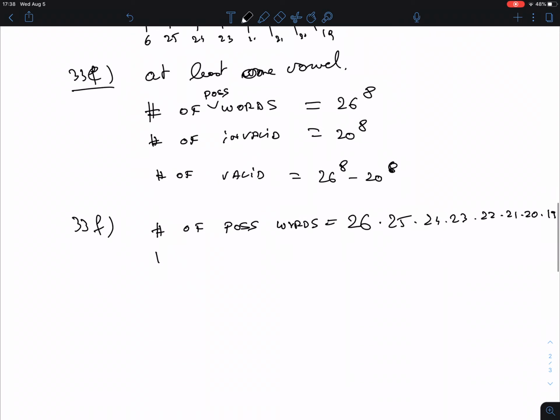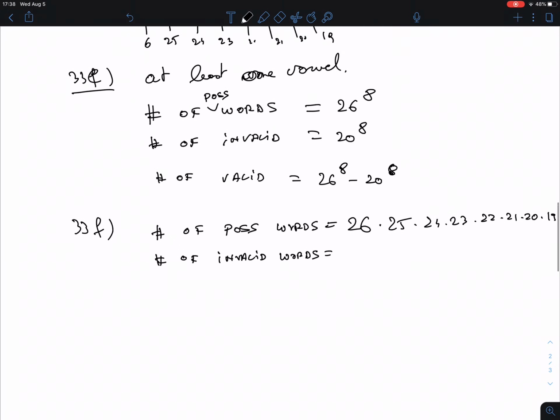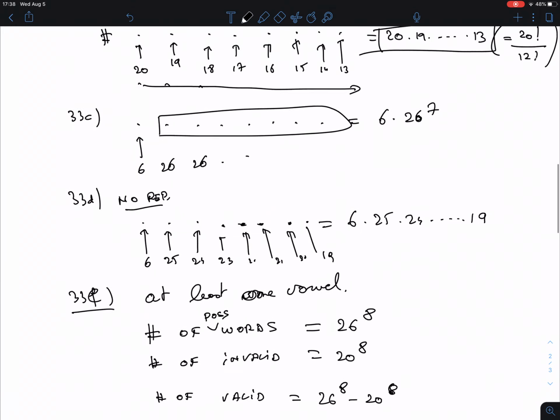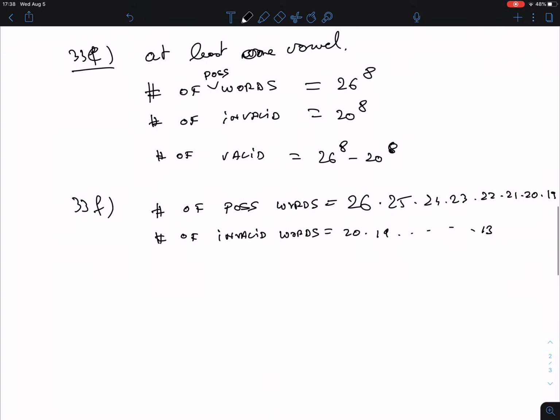Okay. What's the number of invalid words? These were words that do not contain any vowel, but we calculated that. So that was 20 times 19 times all the way up to 13. Okay, up to 13. And so the number of valid words is now the difference.